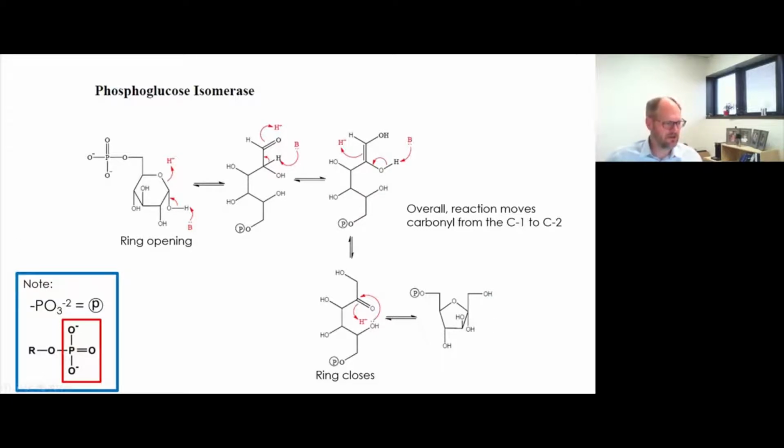Now, as a quick reminder here, in biochemistry we have some other shorthands. I'm just going to move my screen here so you can see that these phosphates can be drawn in shorthand. This circle P that you'll see me using here is a shorthand for this notation right here.